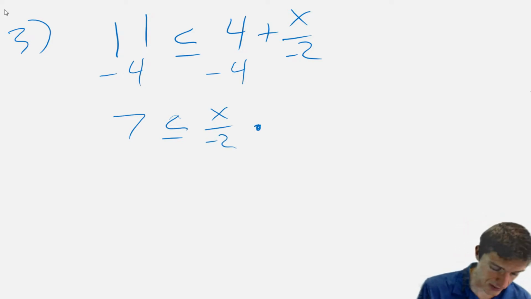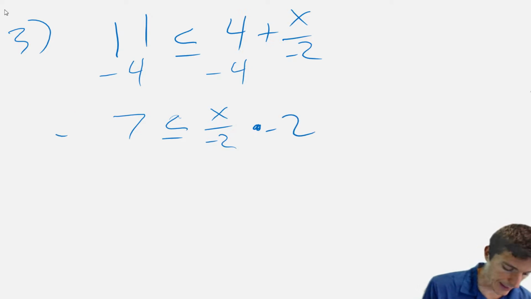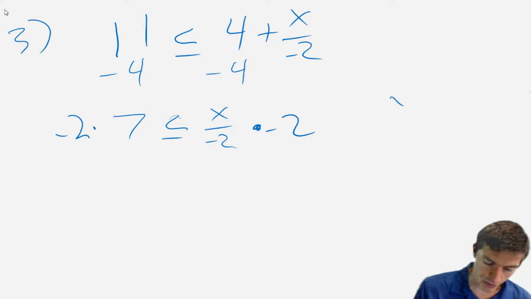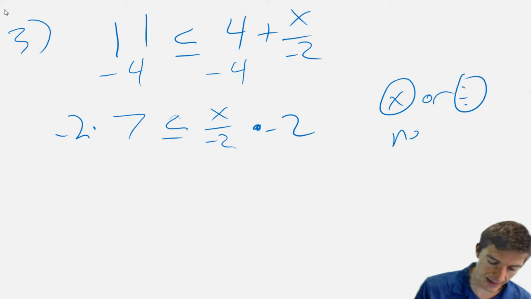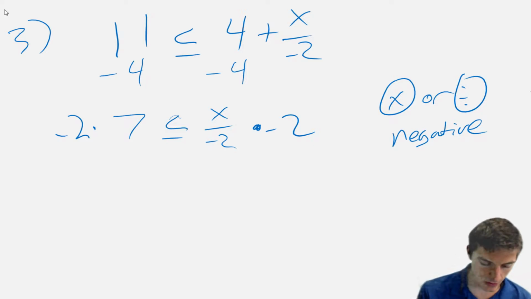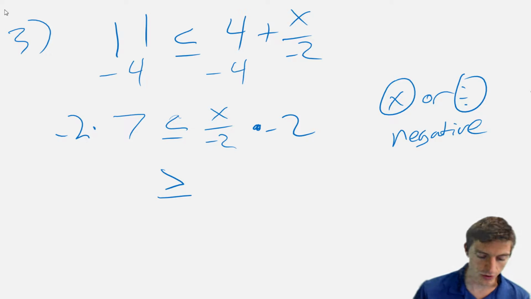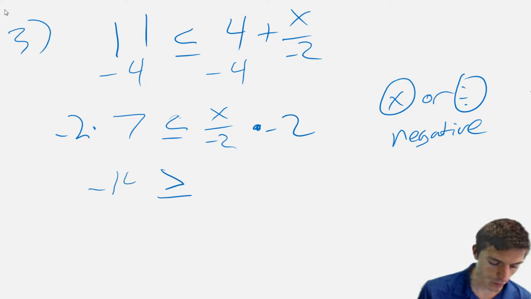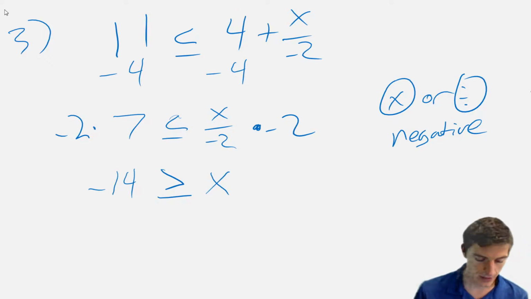I'm going to multiply both sides by -2. And anytime that you multiply or divide by a negative, you have to flip the sign, right? So when I multiply this by -2, that becomes a greater than or equal to sign. So this becomes -14 is actually greater than or equal to x.